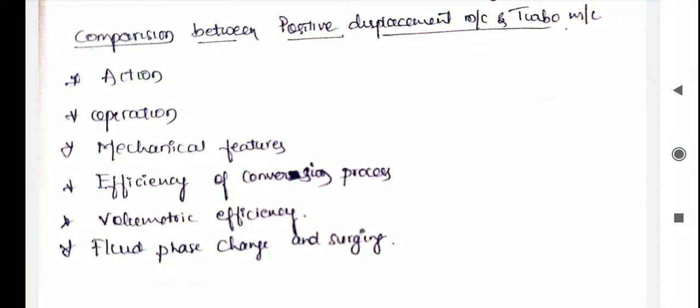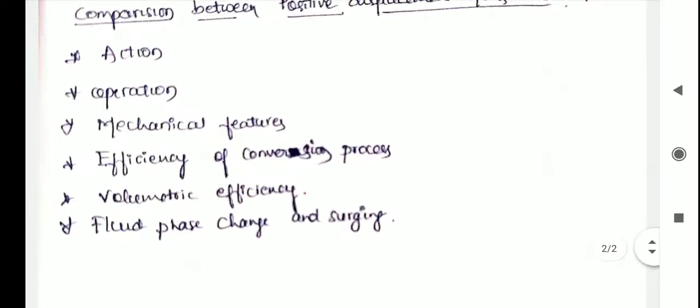In turbo machine, it creates a thermodynamic and dynamic action between rotating element and flowing fluid. The energy transfer takes place with pressure and momentum changes. Whereas in positive displacement machines it creates a thermodynamic and mechanical action between moving member and static fluid. The energy transfer takes place with displacement of fluid.